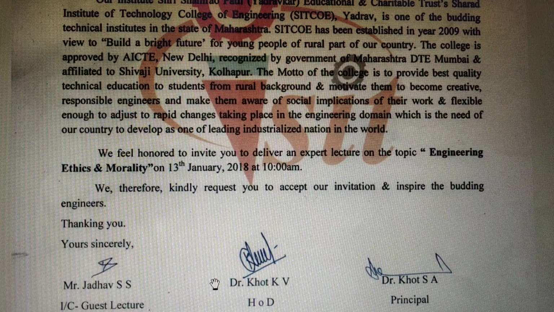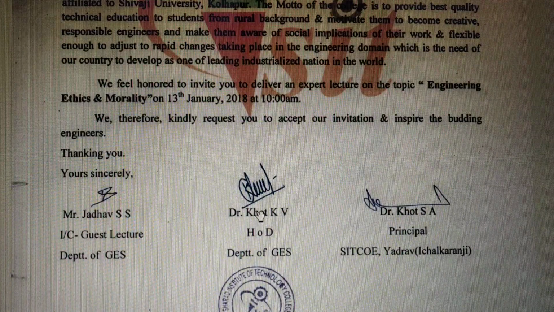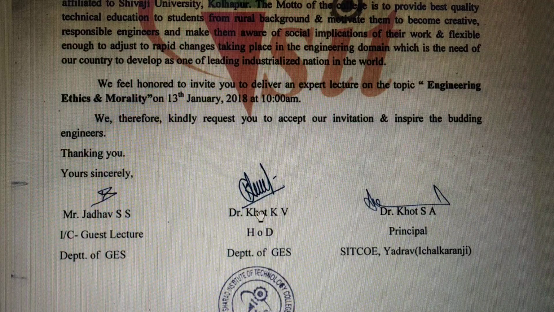One more thing here: the person who writes the letter is here, then the higher authority will be to the right of that one. HOD is higher, so he is next, and the principal is higher than the HOD. As a result, we should move from lower authority to higher authority from left to right of the letter. This is all about letter writing or elements of a letter.